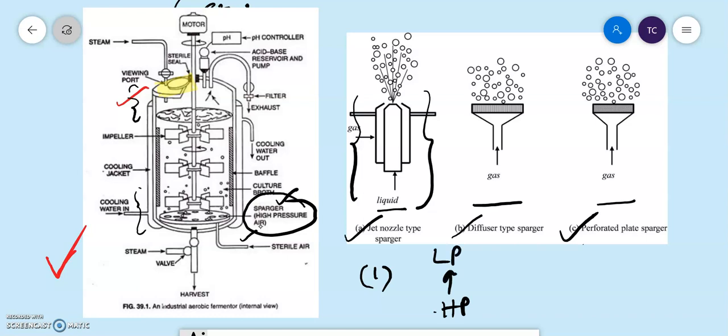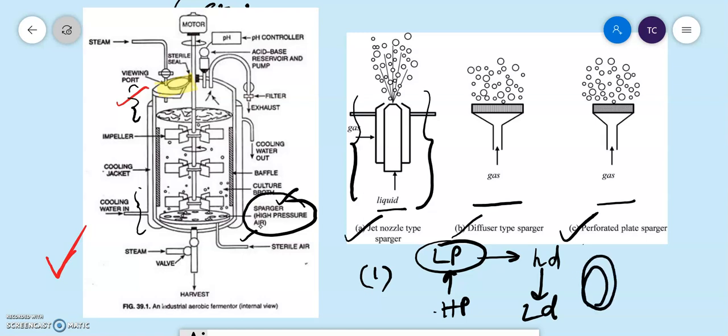When the air moves more and more to the low pressure zone, the density of the air will be higher at the top. Again, according to the density, the air will move down from higher density to lower density. This way, there will be a constant circulation in the fermenter, and that is very desirable to distribute your oxygen throughout the vessel.